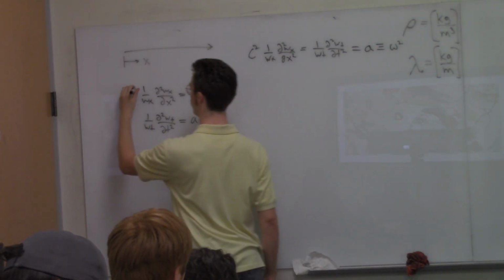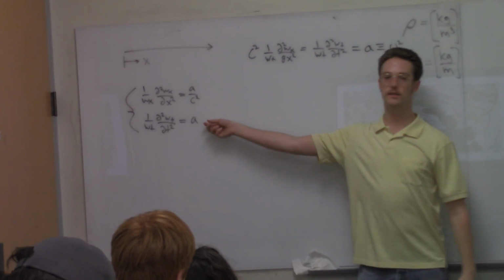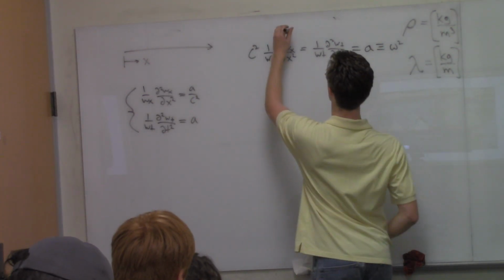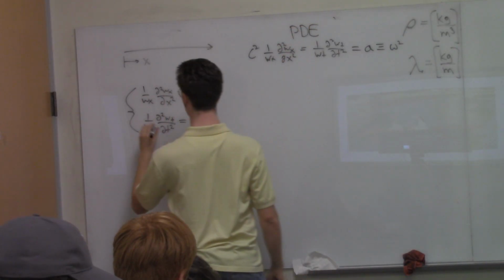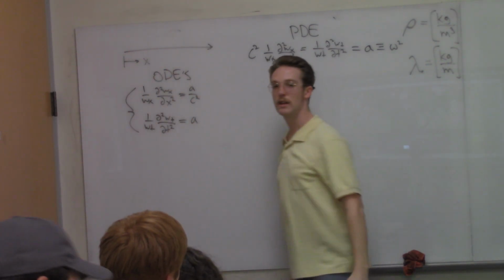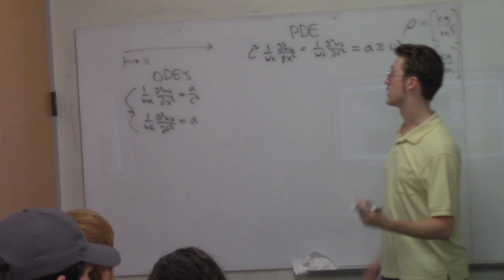So now we have made this a whole lot easier by making this into a system of two ODEs. So we have a PDE, and now we have ODEs. You guys didn't take a class on PDEs, or if you did, you're a lot smarter than I did.